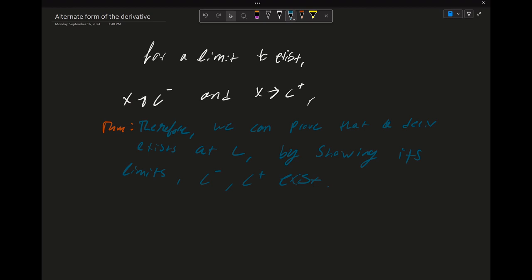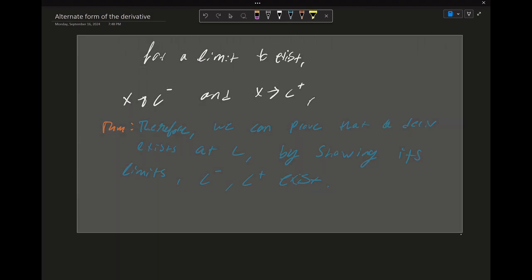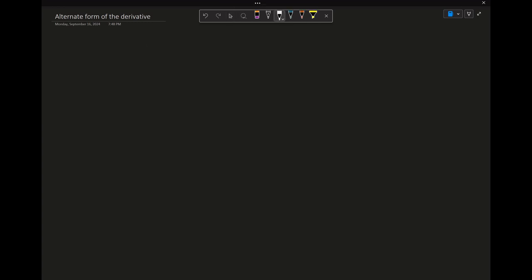Alright, so let's go on to a quick example. Let's write this down here in blue. Say we have the function f of x equals absolute value of x minus 2.